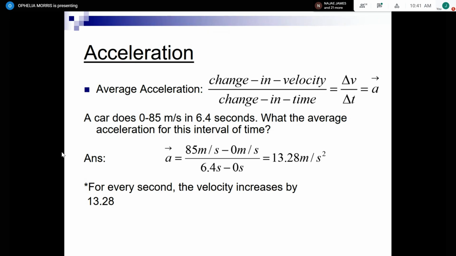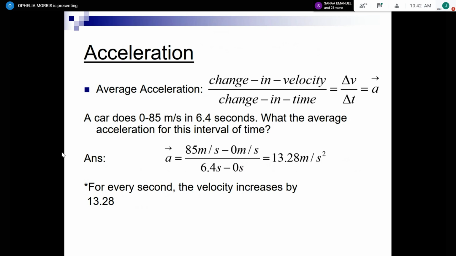Why didn't you put the square, the meter times square something? Okay, so it says the velocity increases by 13.28 meters for every second.